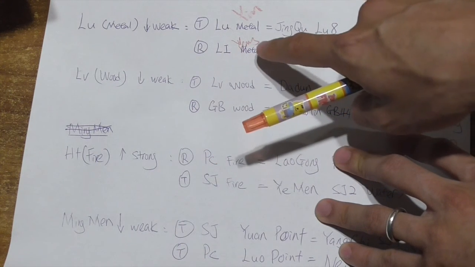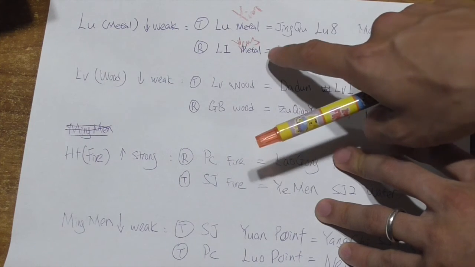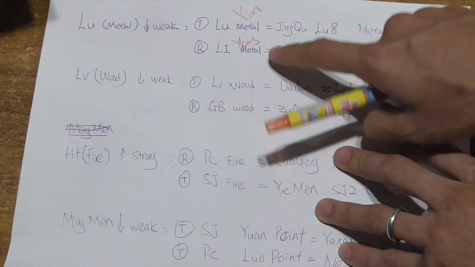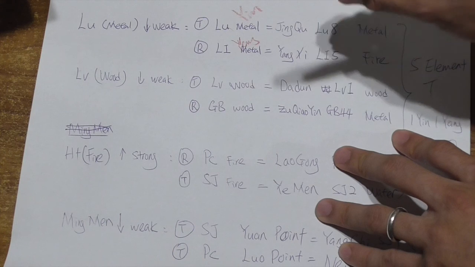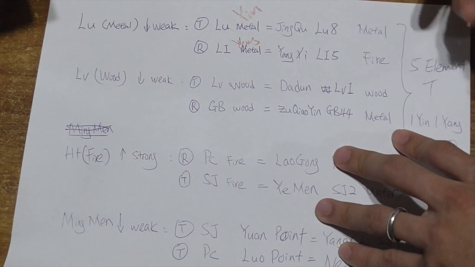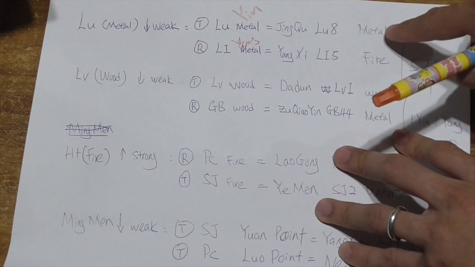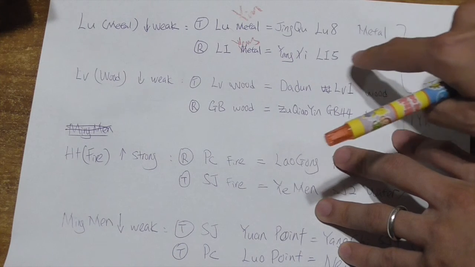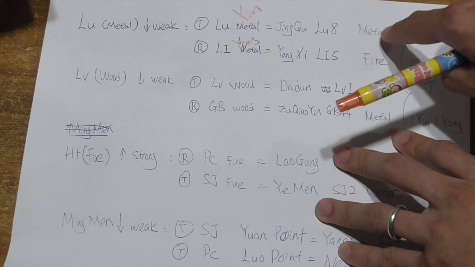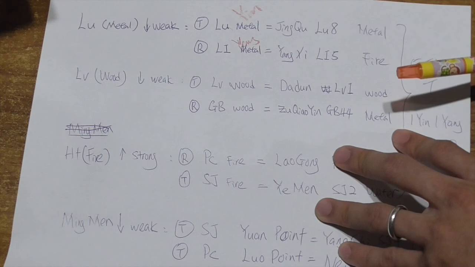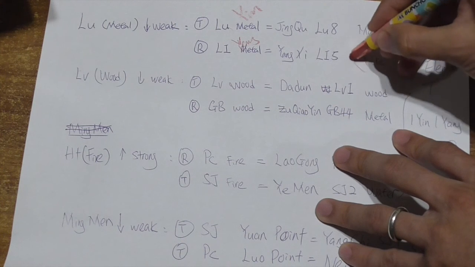Which Wushu point are you going to choose? According to 5 element theory, which element is going to reduce the metal? Fire.